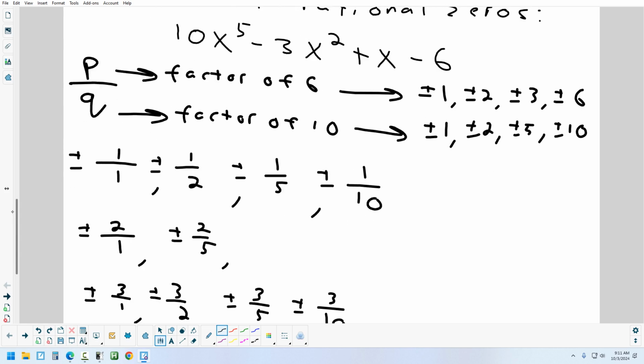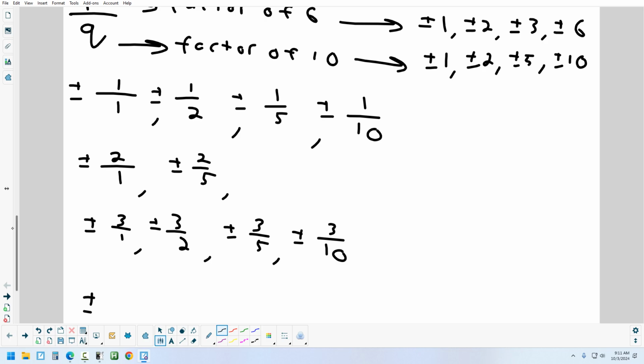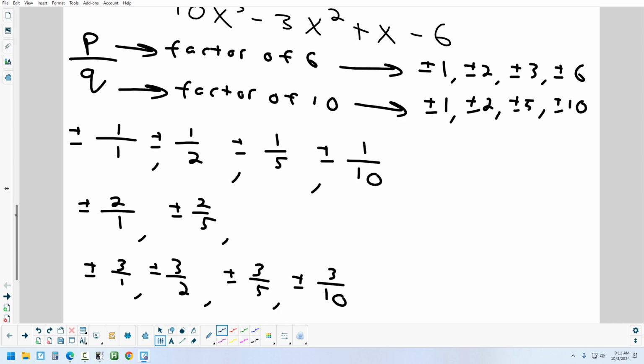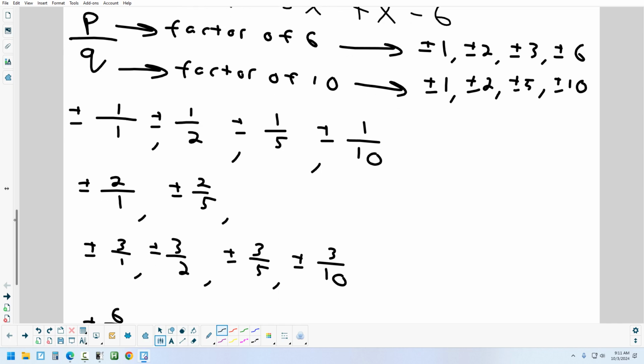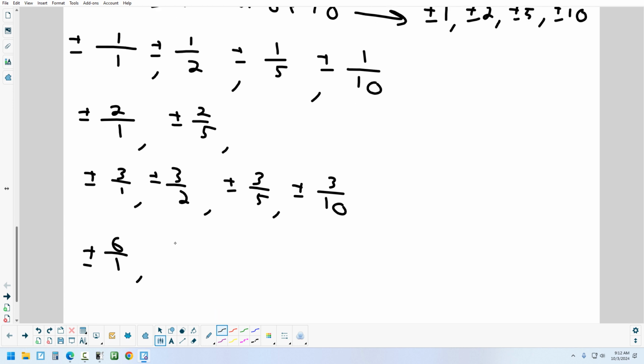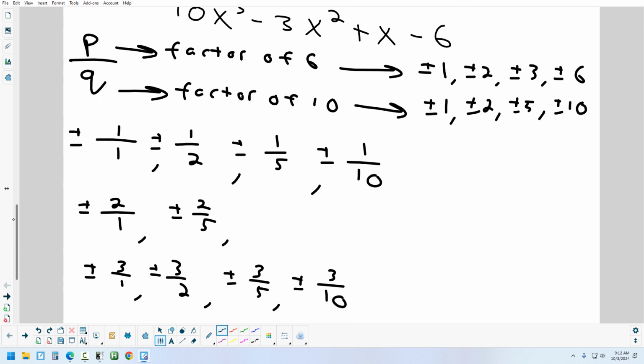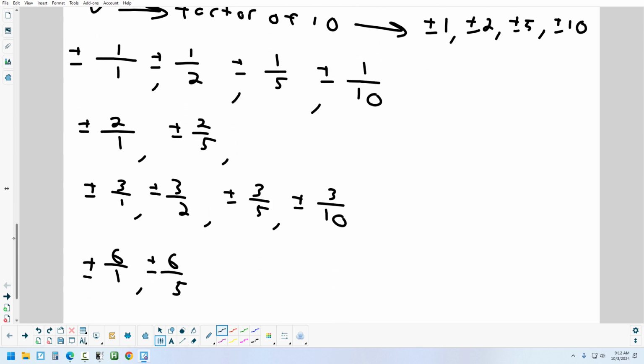Now we're going to do the 6 in the numerator. 6 over 1. 6 over 5, because 6 over 2 is just a repeat of 3 over 1. And we can't do 6 over 10 because that's a repeat of 3 over 5.